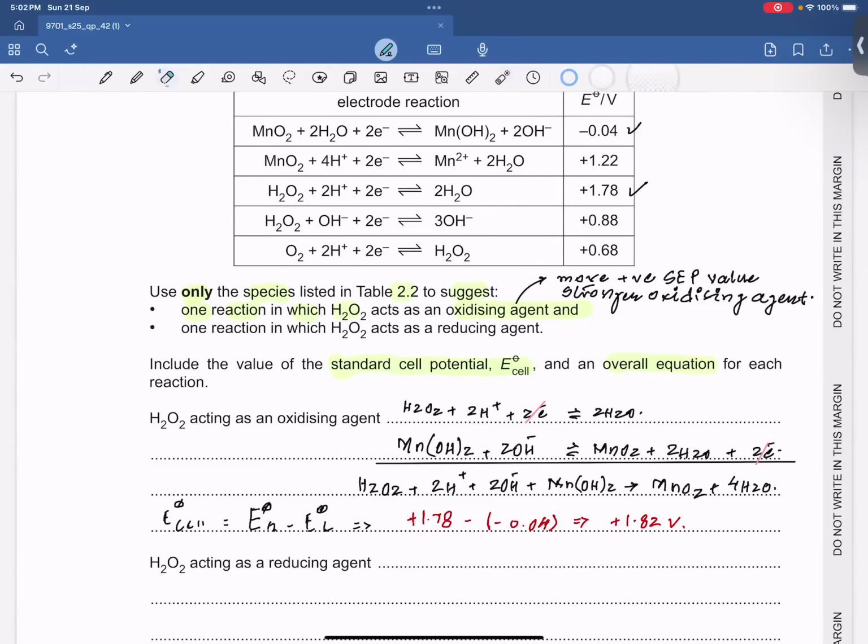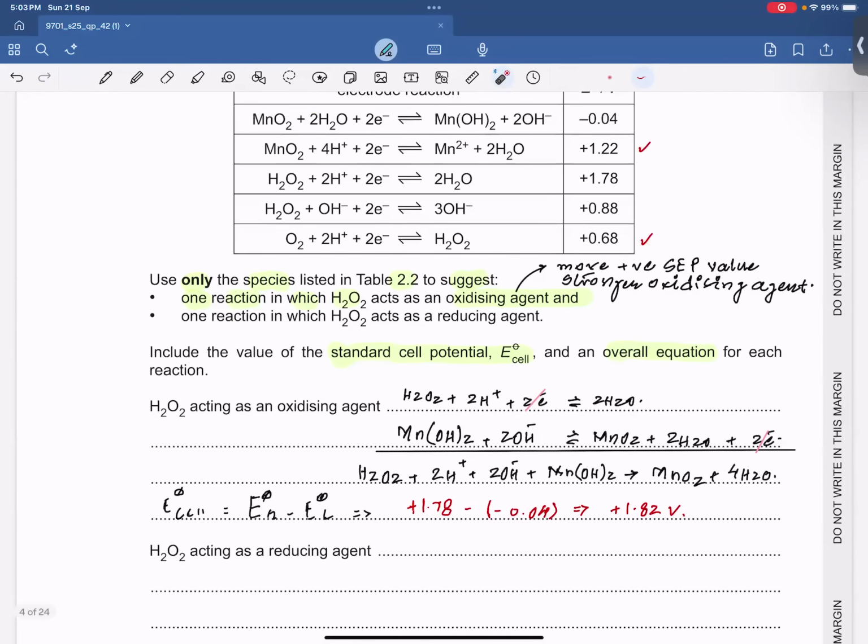So I'm going to use this value and this value. All right. Again, if I use this equation and this equation, I'll get the lesser amount of E naught cell. So in order to get the higher amount of E naught cell, I'm going to use these two equations to get the answer. So this equation needs to be written in reduction form.